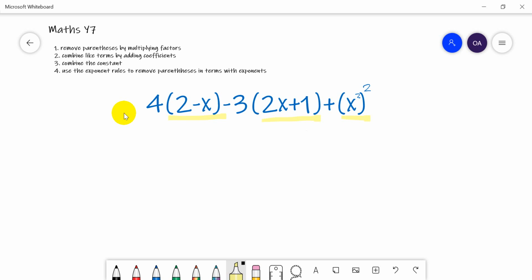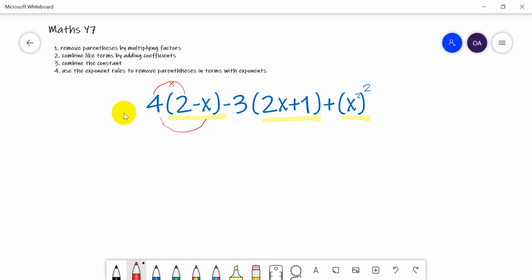Often we can use the distributive property to clear this parenthesis by multiplying the factor times the terms inside the parenthesis. So 4 times 2, and then 4 times negative x. Remember that this negative belongs to x.